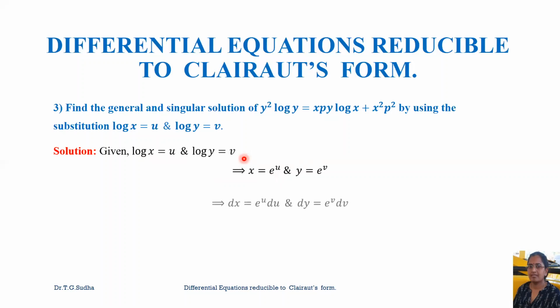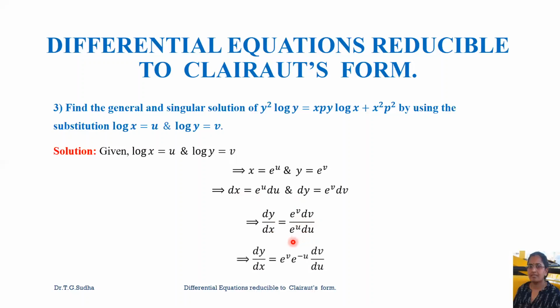So on differentiation, we get dx is equal to e power u into du and dy is equal to e power v into dv. So let us divide dy equation by dx equation. So we get dy by dx is equal to e to the power of v into dv divided by e to the power of u into du. This on further simplification, that is bringing this e power u to the numerator, we get e to the power of minus u into dv by du.